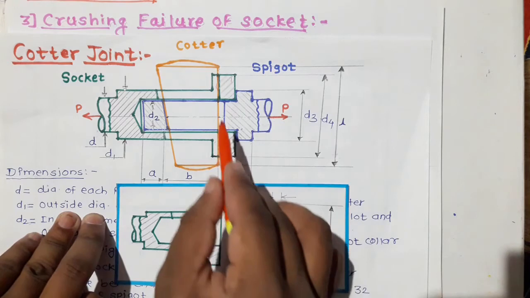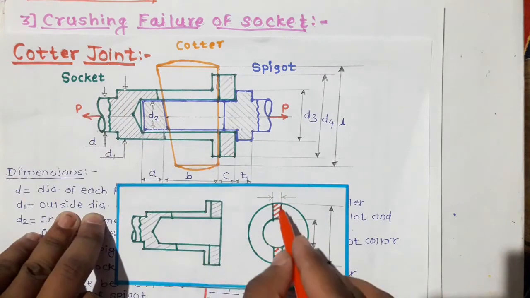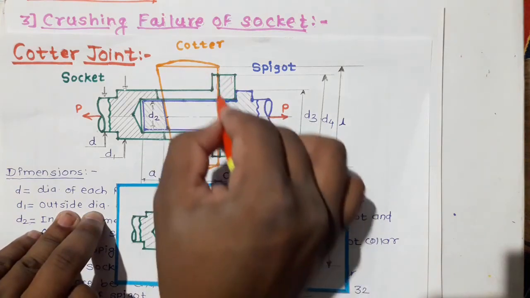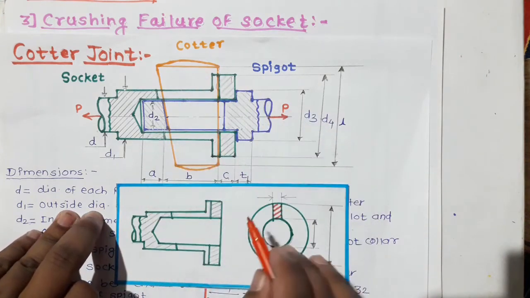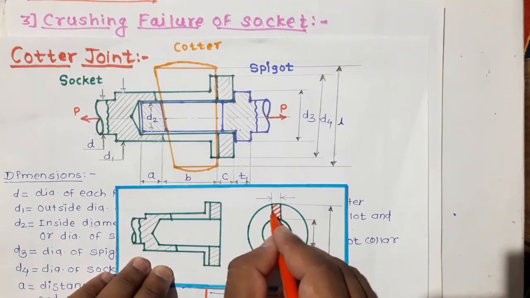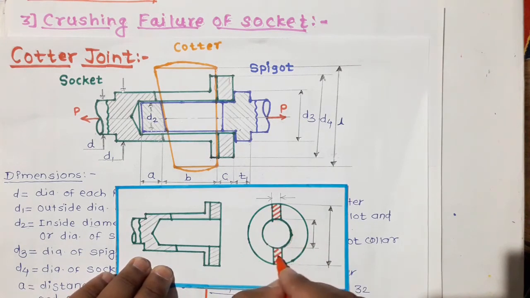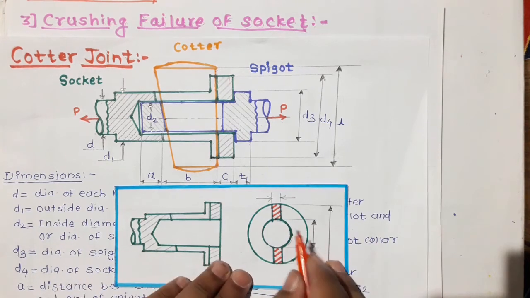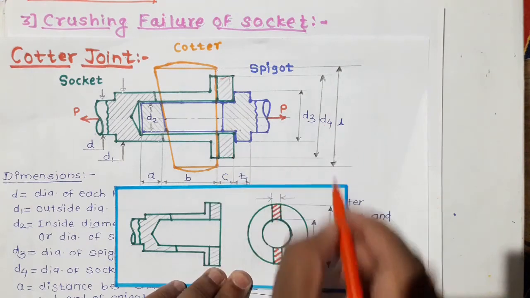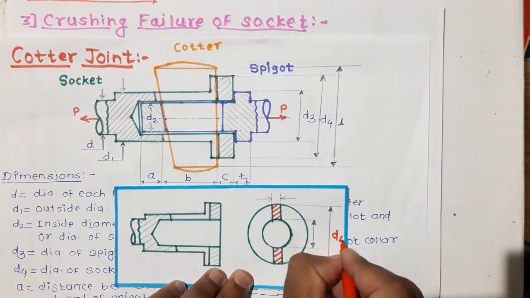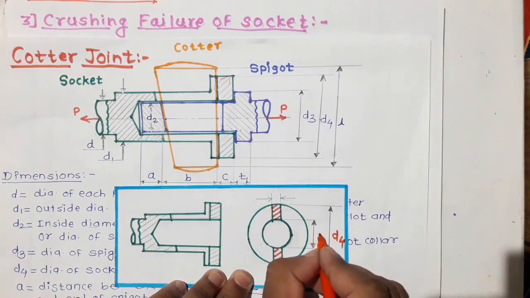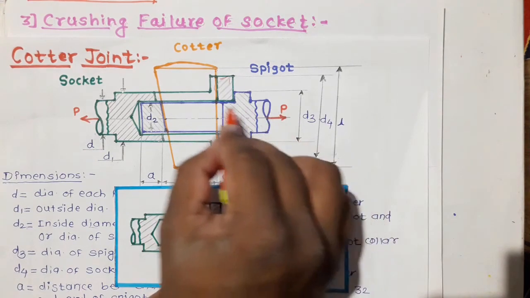Okay, so if you look from this right side, you can see this is the right side view of this portion from inside the slot. And this rectangular area which is shown by red color hatching is nothing but the area subjected to crushing stress. If you look at the dimensions, the outside diameter of this socket collar is d4, so we can write here outside diameter of this socket collar is d4. Then the inside diameter of this socket is d2, which is shown here.